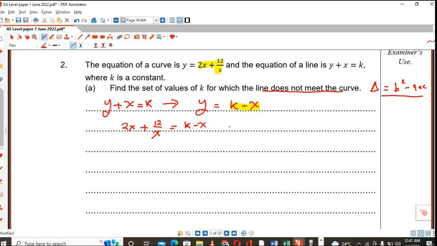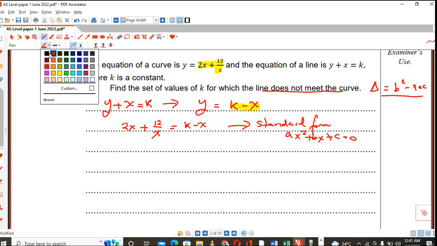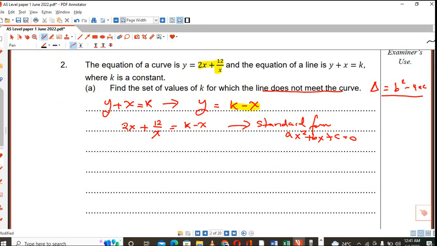The idea is to write them in standard form, which is ax squared plus bx plus c equals 0. First, you have a fraction in that problem, so I'm going to multiply throughout by x: here by x, here by x, and also there by x.